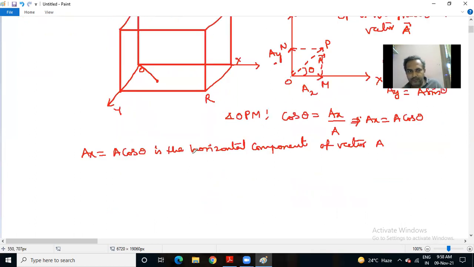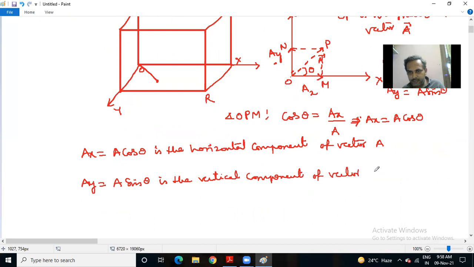This AY equal to A sin theta is the vertical component of vector A. So this is along the x-axis, and this is along the y-axis.